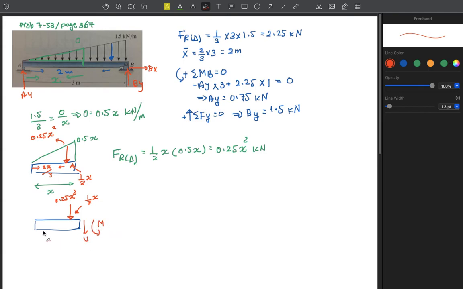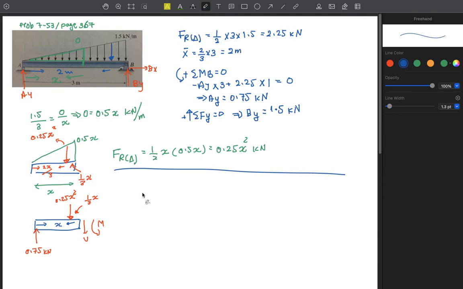So shear and moment, as well as we have our AY here. AY had the value of 0.75 kilonewtons. And the length of this beam, we took this length as x, right? So this is x.